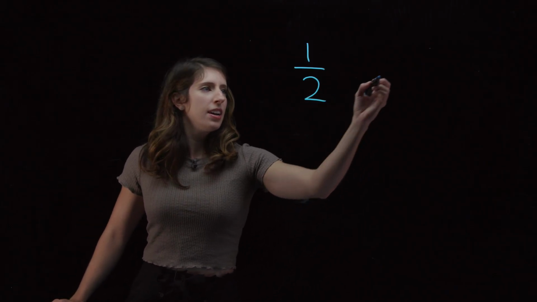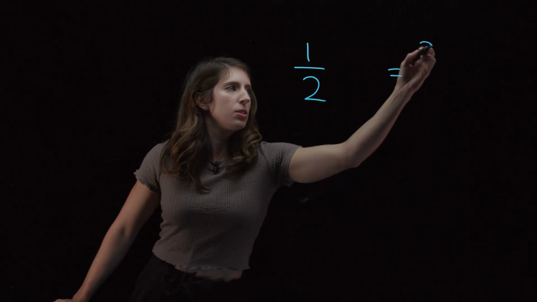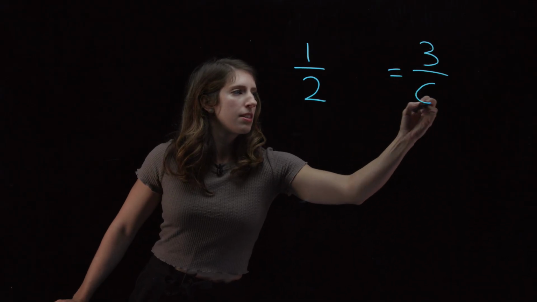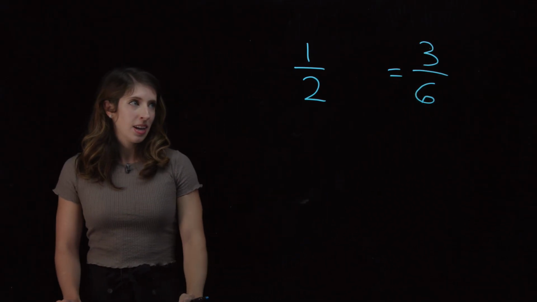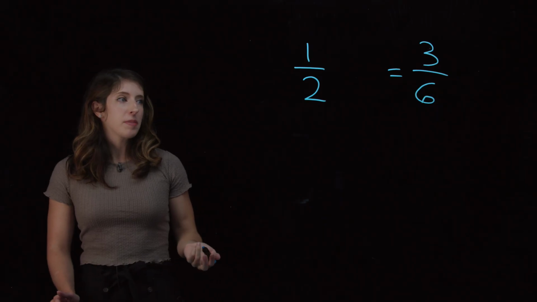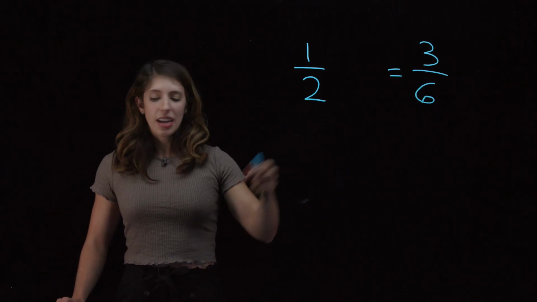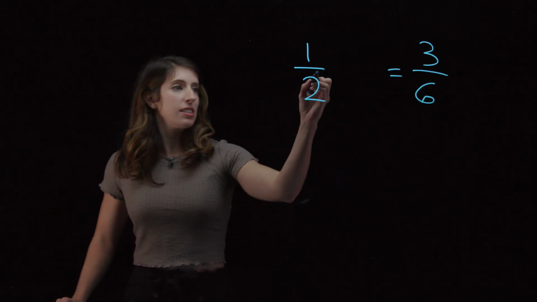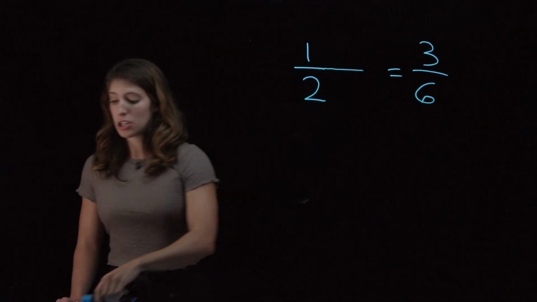Thank you, Saw. They showed us that the fraction 1/2 is equivalent to the fraction 3/6. Well, mathematically, what happened here? We created 3 times as many slices total and for each person.